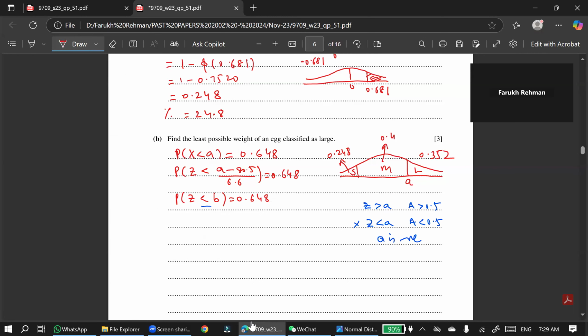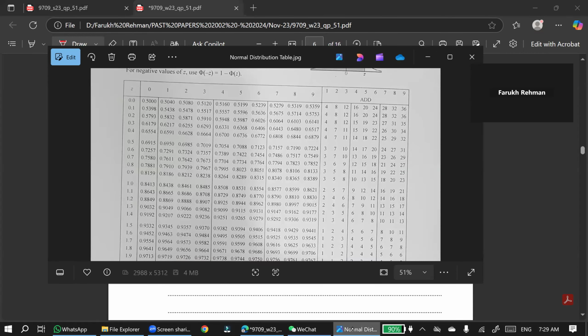A is positive. Now B is positive here. We will use the table in reverse order to look for the probability 0.648.